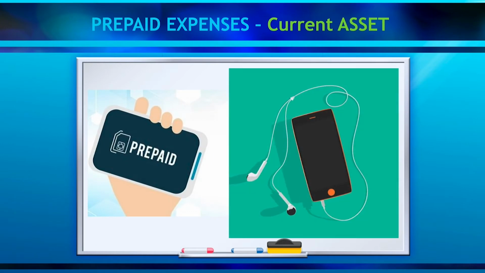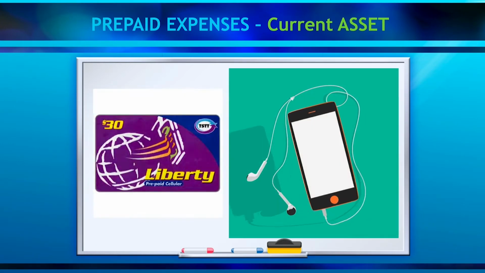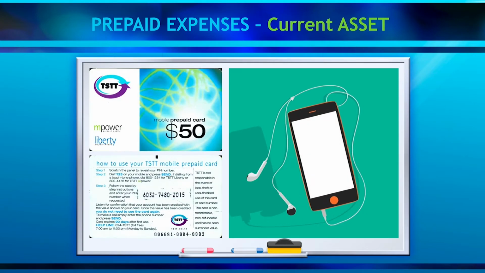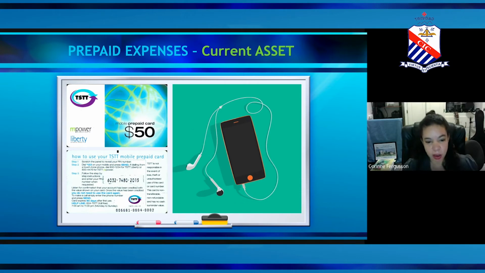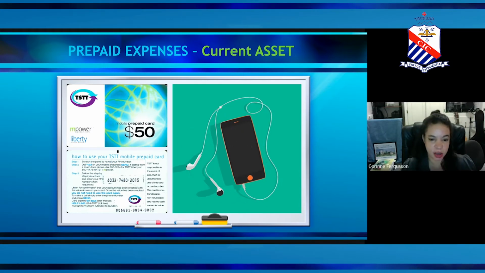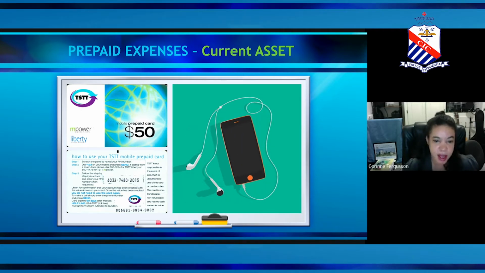So if you have a prepaid phone, you buy a card, right? That's how they used to do it before. But basically, you go and you pay for the top-up, whether it's $50 or $20 or $100 or whatever it is.